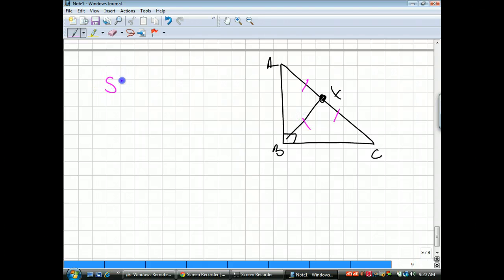So if the length of XC equals 8, then the length of BX has to equal 8. Okay? And if AX equals 12, then XC has to equal 12. Okay?